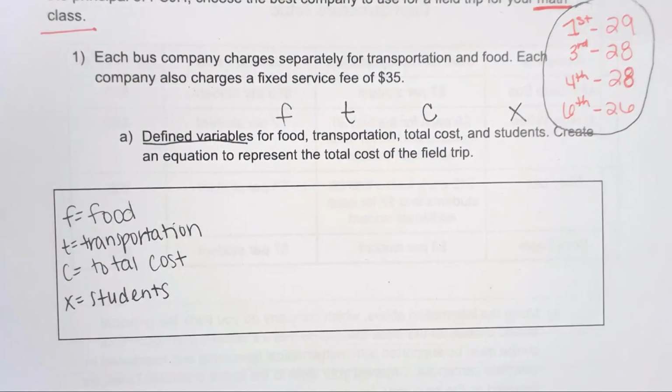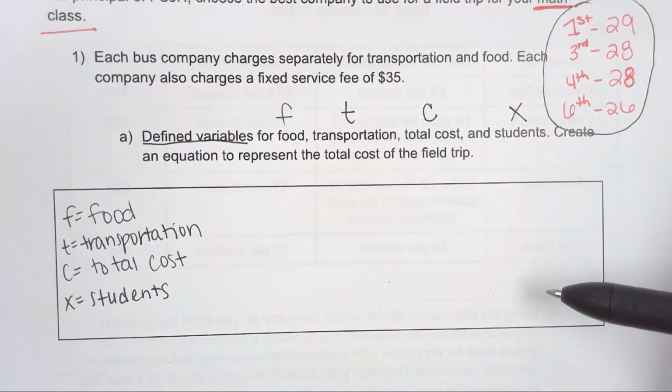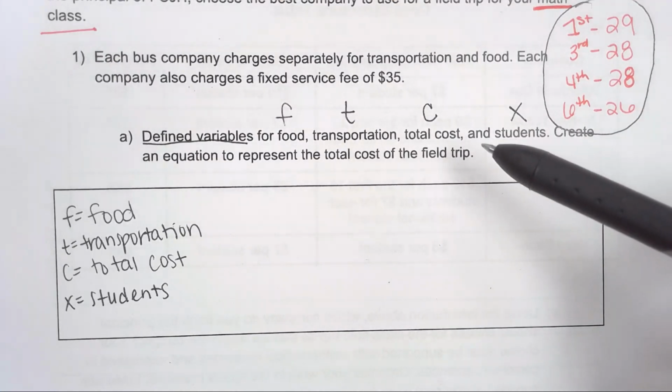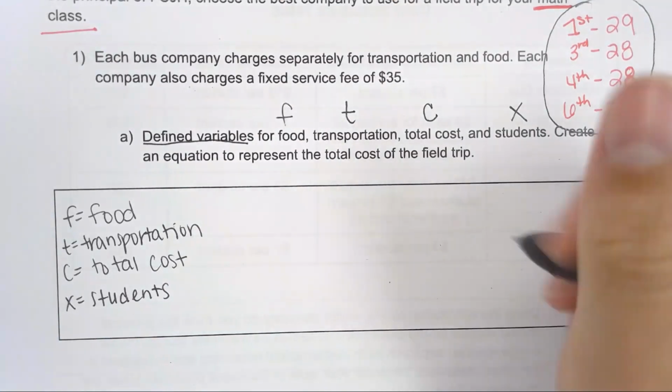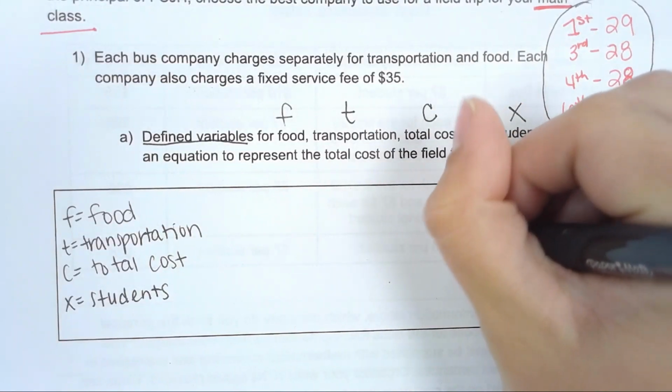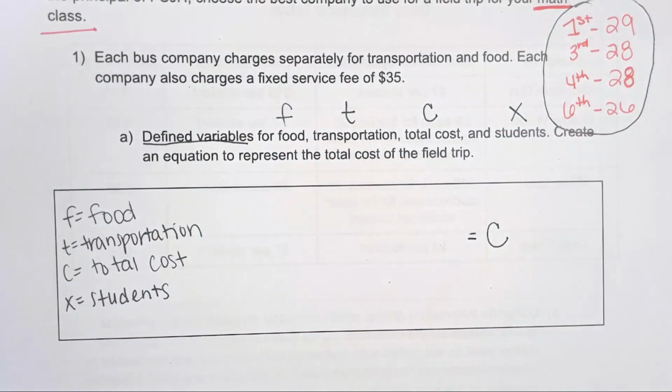All right, so I need to go ahead and set up my equation here. Remember, the easiest way to set up equations is to always start with your total. So our total in this case is represented by C. So I know for a fact that my equal part is going to equal C. Then I need to figure out an equation for the food, the transportation, and what to do with the students.